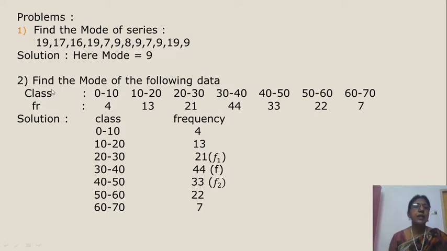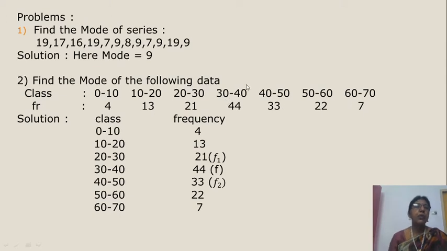See the next one. Find the mode of the following data. Class intervals: 0-10, 10-20, 20-30, 30-40, 40-50, 50-60, 60-70. For these class intervals we have the frequencies 4, 13, 21, 44, 33, 22, 7.